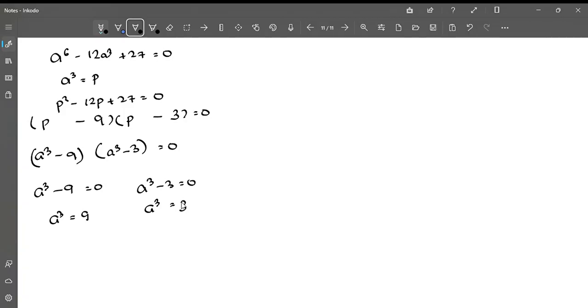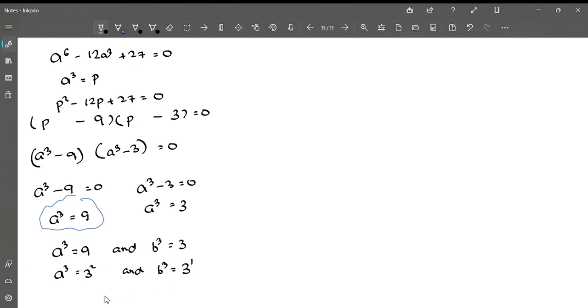Now 9 plus 3 equals 12, which means you already know a cubed plus b cubed equals 12, so when this is true, the other becomes b cubed. So you can take a cubed is 9 and b cubed is 3. a cubed is 3 to the power 2, and b cubed is 3 to the power 1.